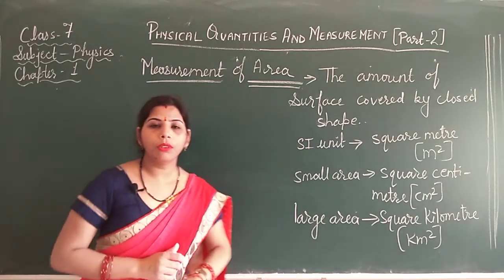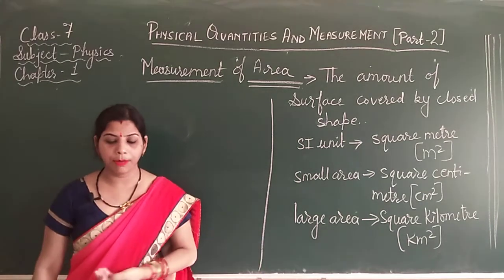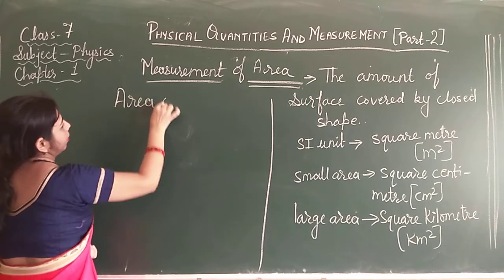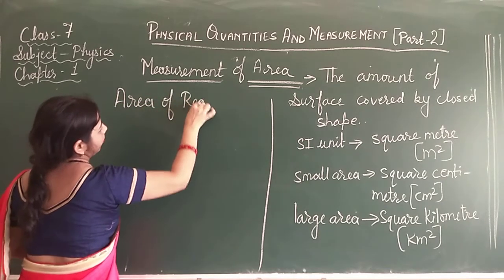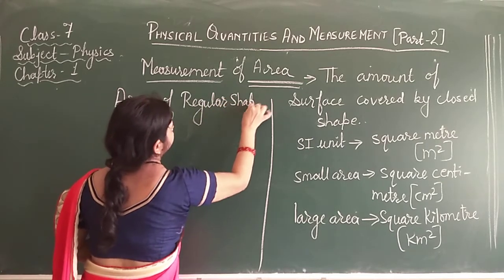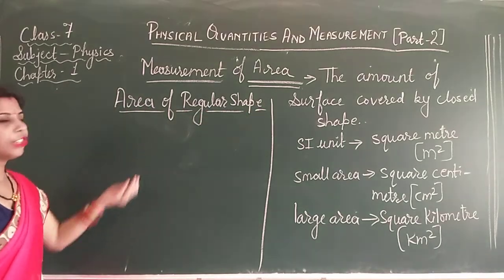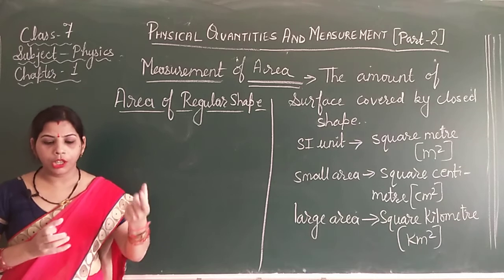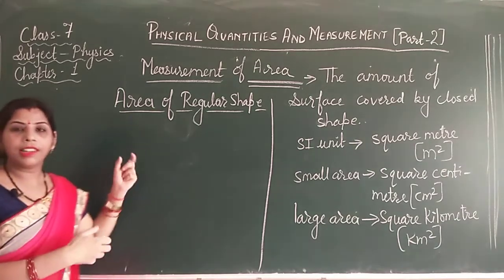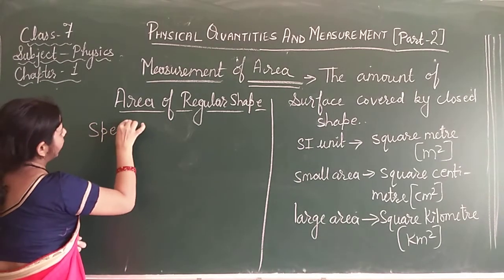Now if we want to measure the area of a regular shape, the regular shapes like the circle, the rectangle, the square, these shapes are measured by a specific formula.